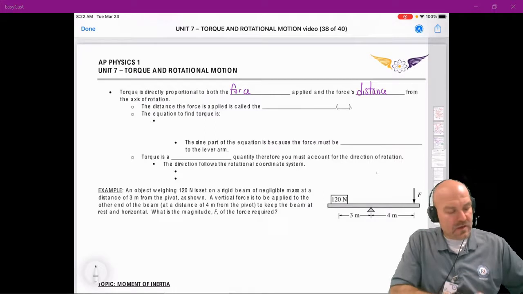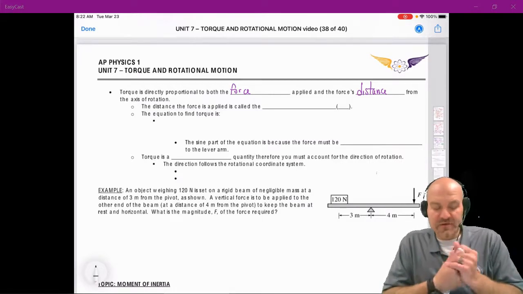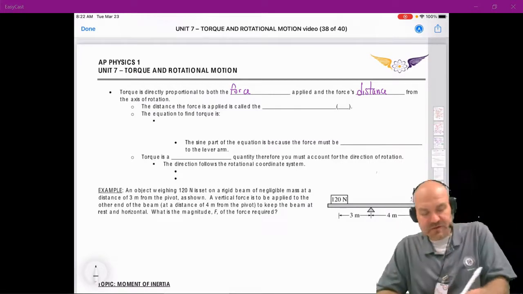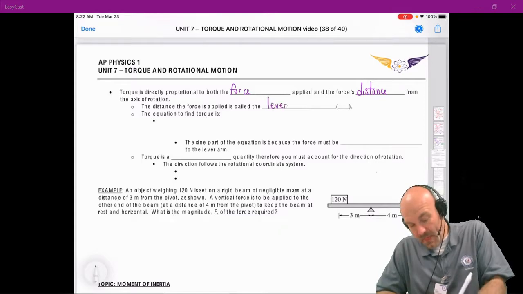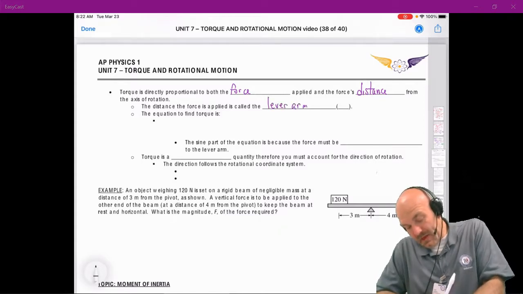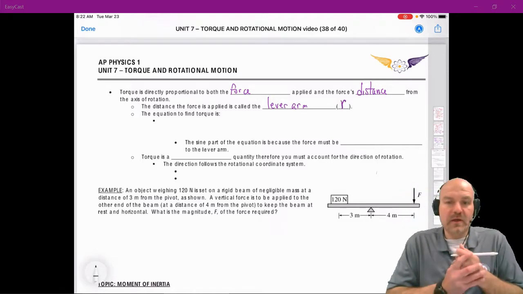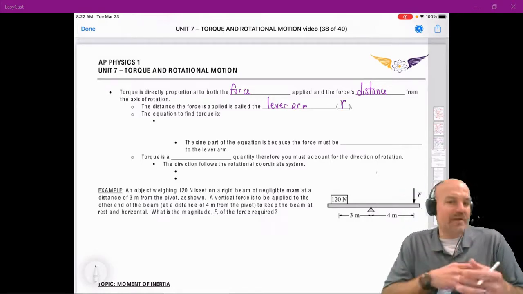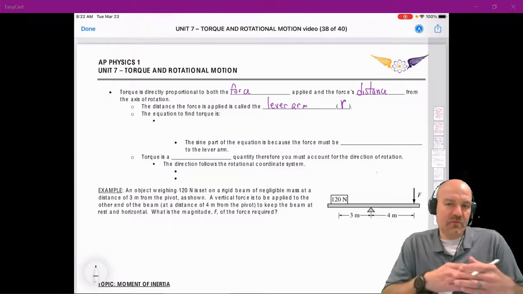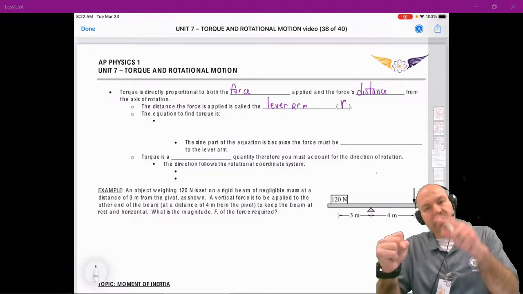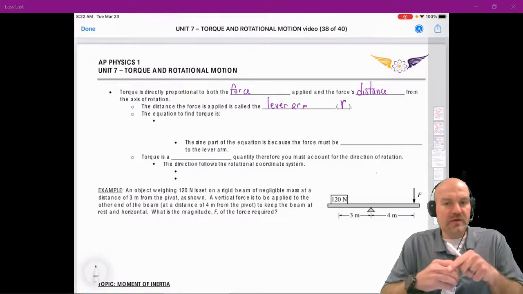The distance from the axis at which the force is applied we give a special name. It's called the lever arm, and we abbreviate it with the variable R. Technically it is a radius, the radius of the circle created where you apply that force, but we just call it R.